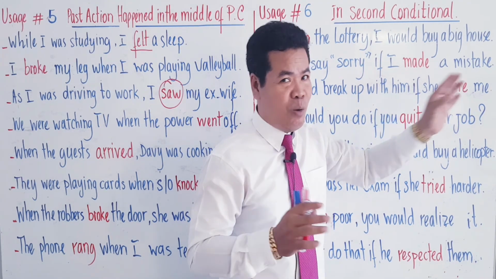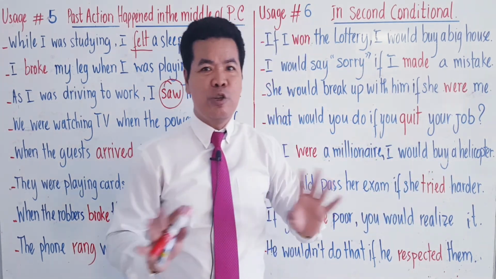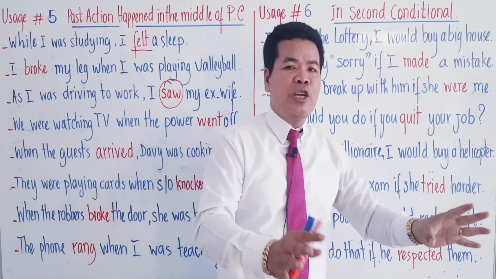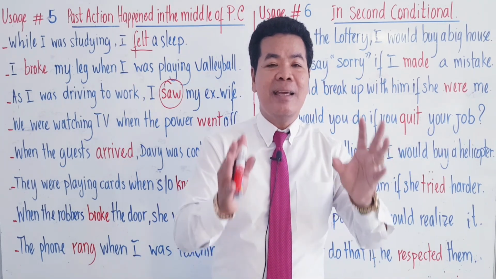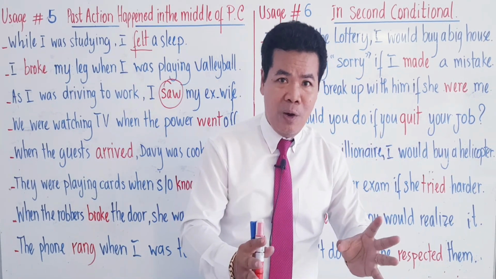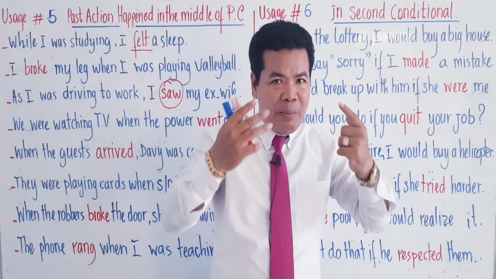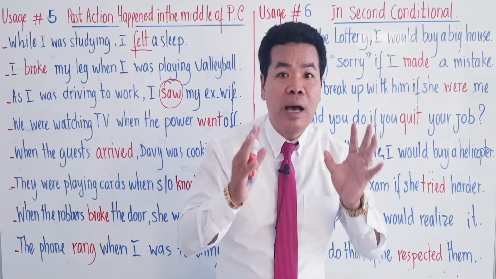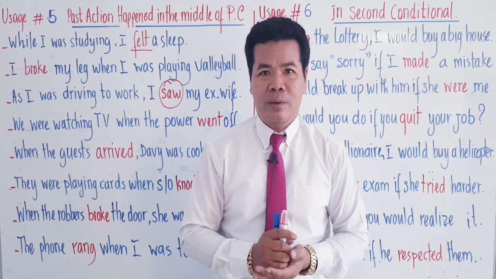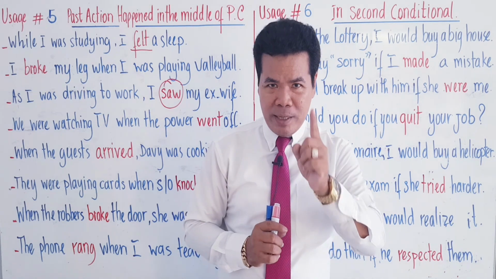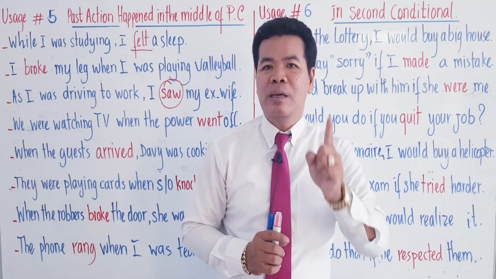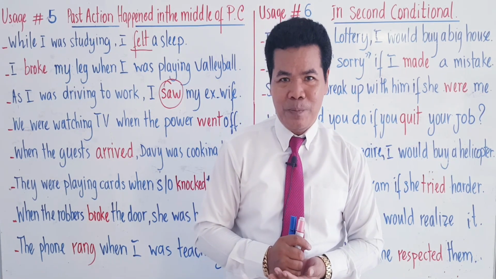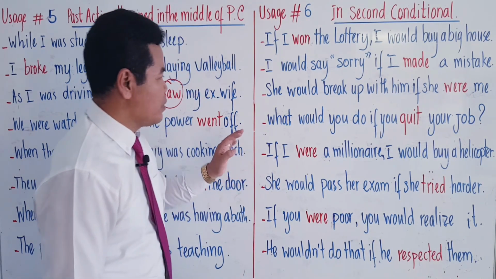So don't get confused about it, okay? For situations or actions that are not likely to happen, or imaginary, or impossible, or hypothetical, we use the second conditional. So, once again, past simple can be used in the second conditional. Let's go to the next one.